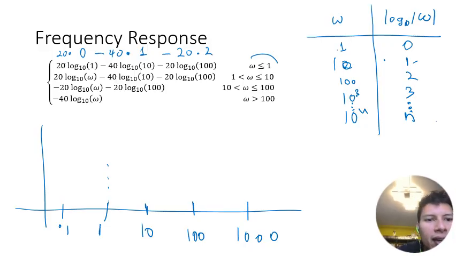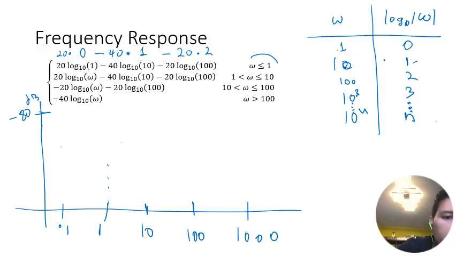So we have negative 40 minus 40, which gives us negative 80. So we're going to start at negative 80 decibels.